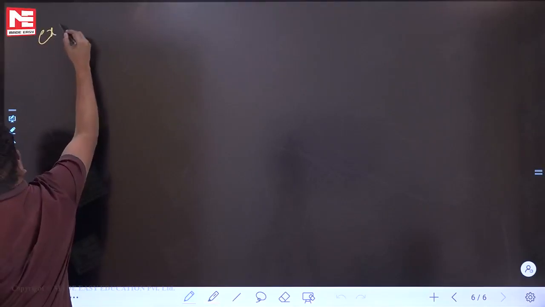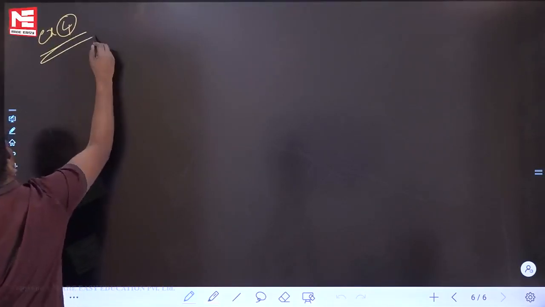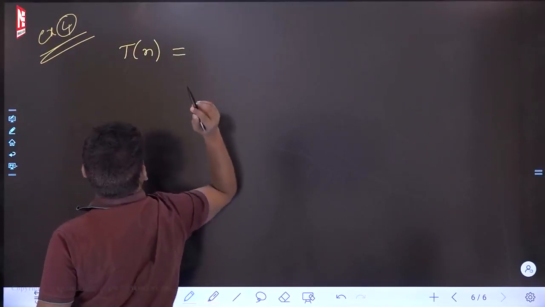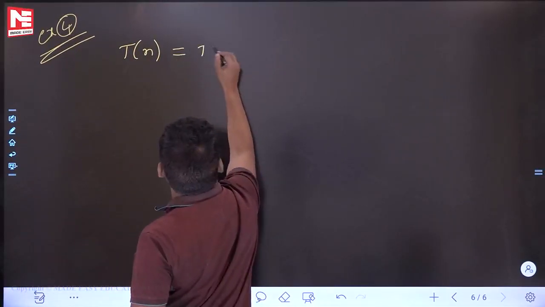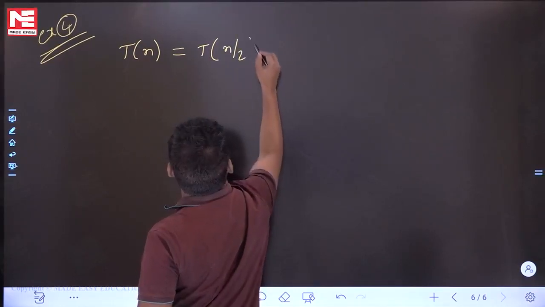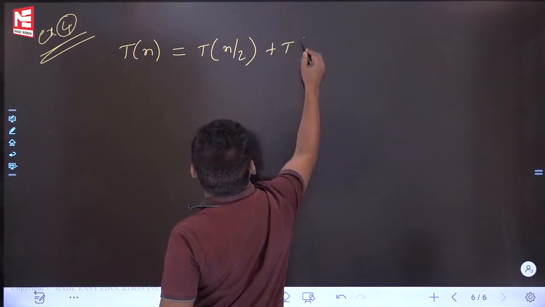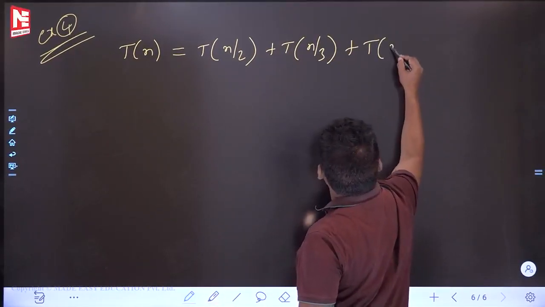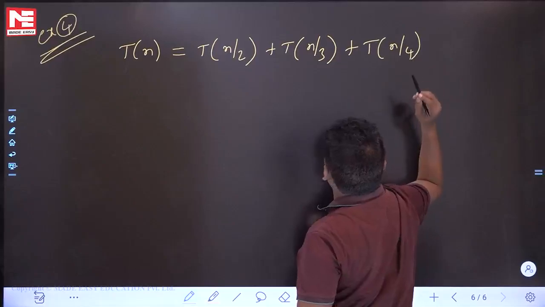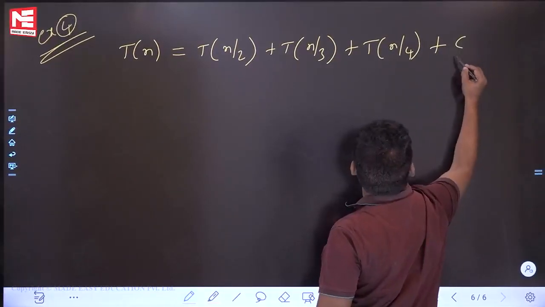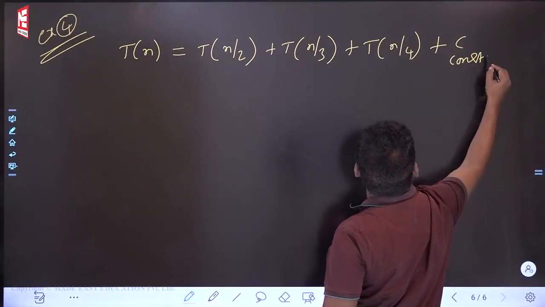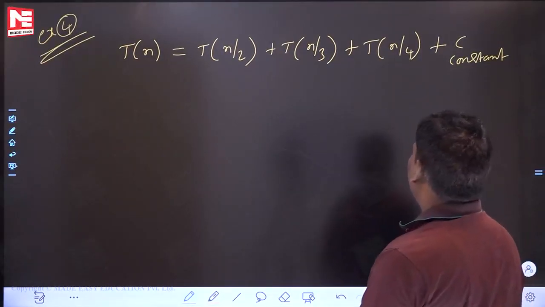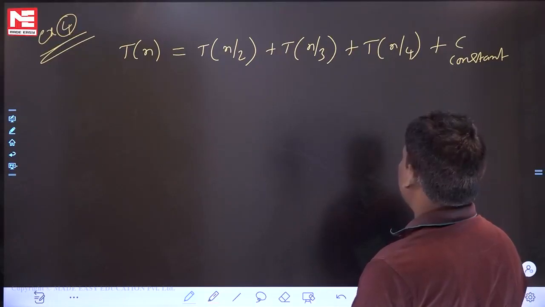Let's see this example also. Example 4. Tn is equal to T(n/2) plus T(n/3) plus T(n/4) plus c, where c is a constant.